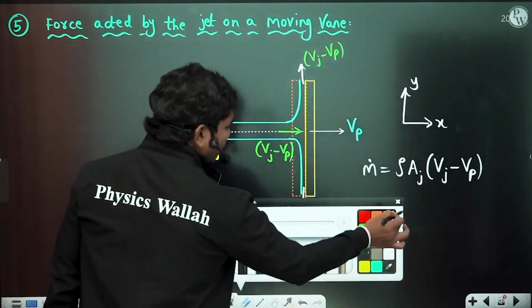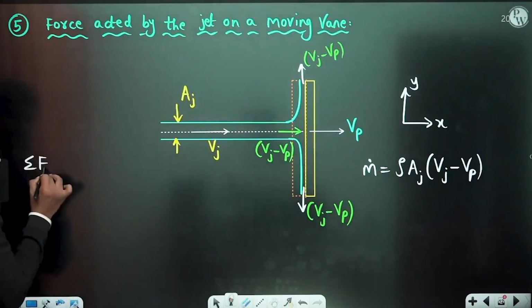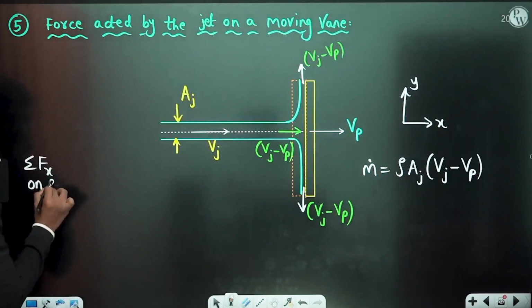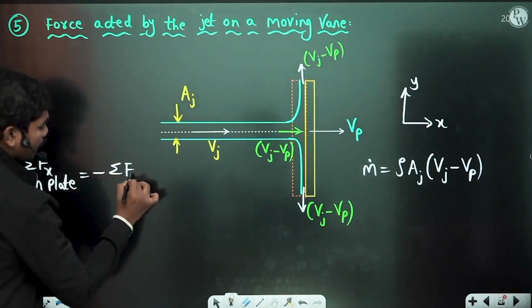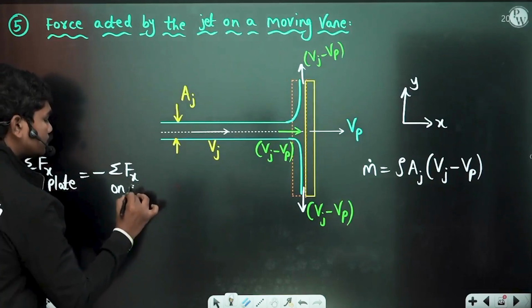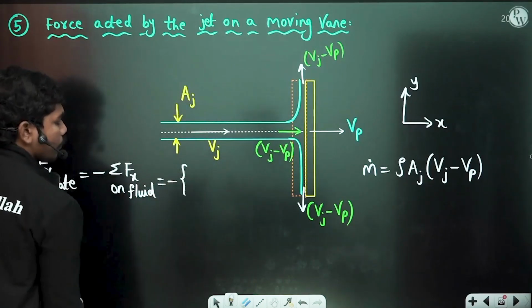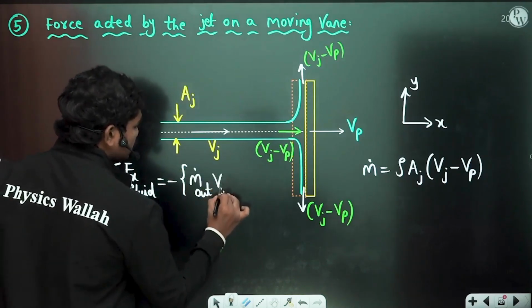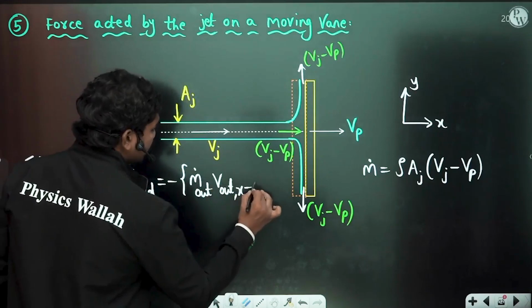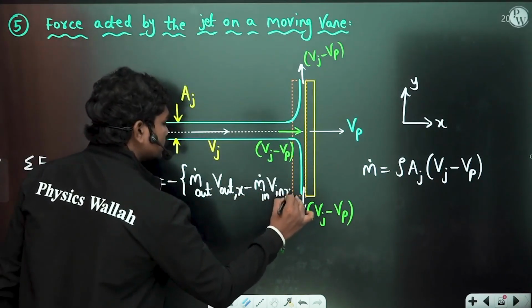Now, sigma Fx on plate is equal to minus sigma Fx on fluid. So this is equal to minus m dot out times V out in the x direction, minus m dot in times V in the x direction.